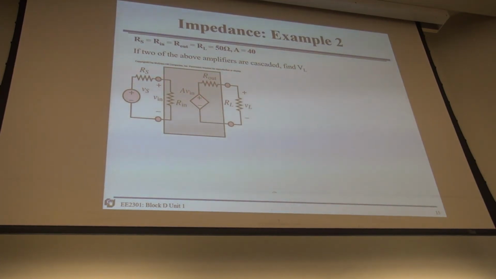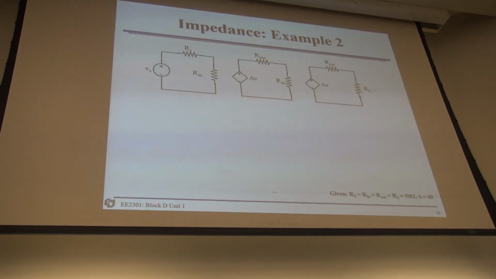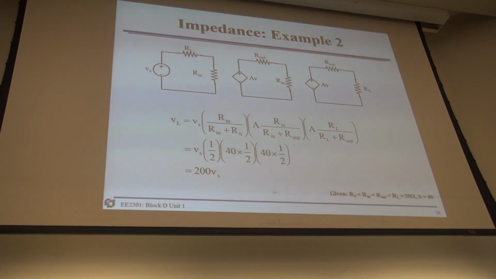So here's another example. Everything is 50, A is 40, and we cascade them. So you have two stages cascaded together.